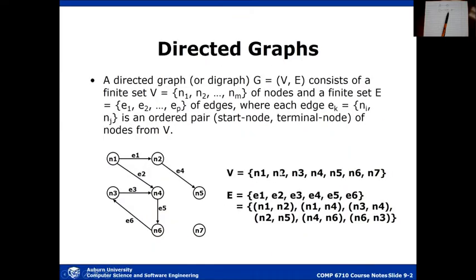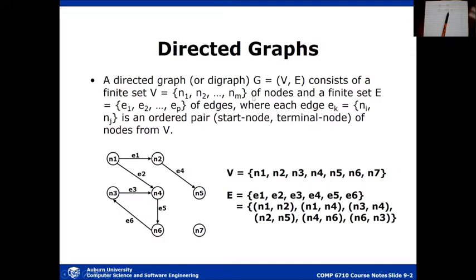So here are some fundamental points about directed graphs. For example, here I have a graph, right? And how do we represent a graph like this? A graph consists of vertices and edges. The vertices in this particular case are simply node 1 all the way to node m.